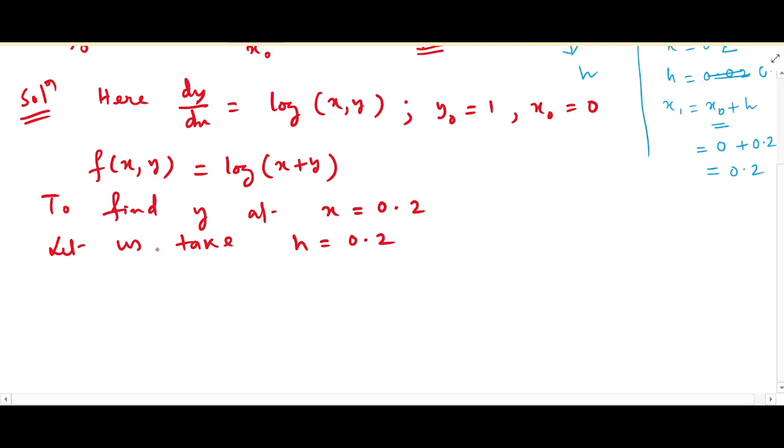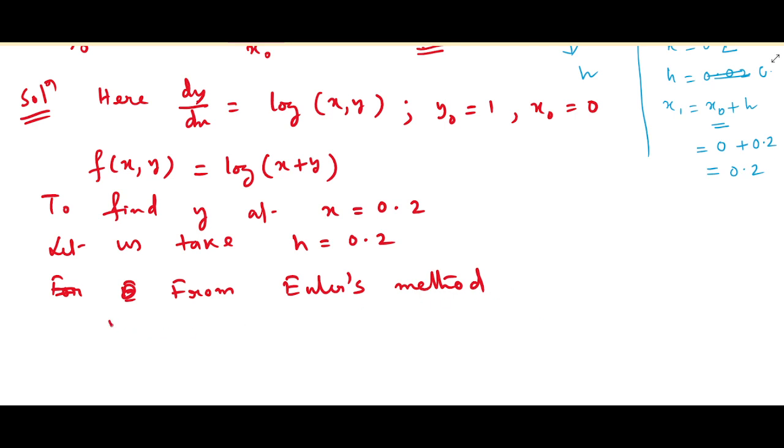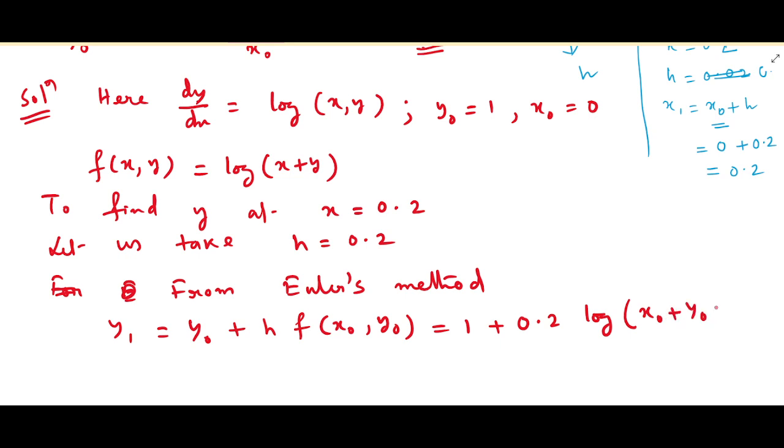Now let us find the value of y1. From where will we find y1? From Euler's method. So our y1 is y naught plus h into f of x naught comma y naught. y naught is given, it is 1. h we have taken is 0.2, and f of x naught comma y naught is log of x naught plus y naught.